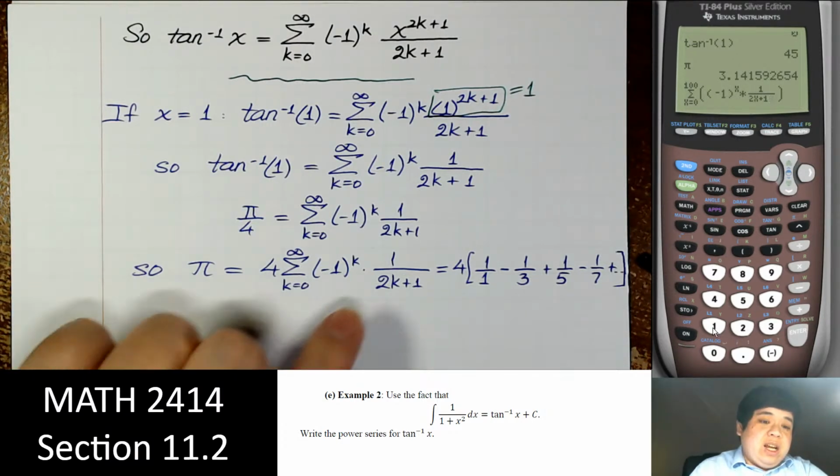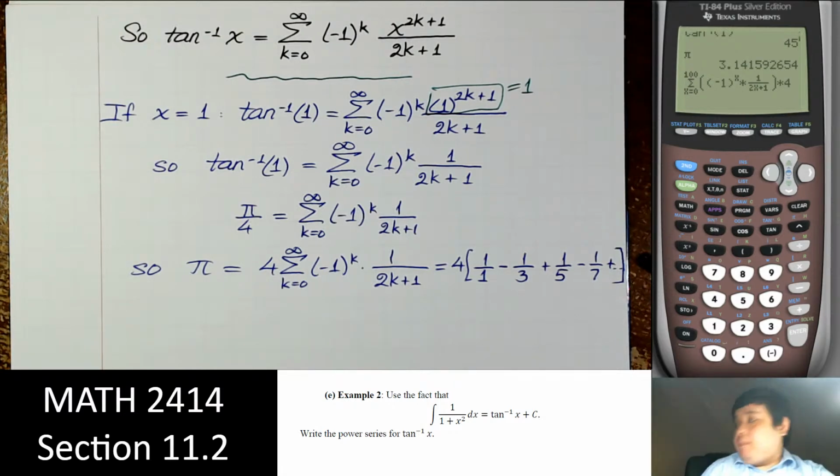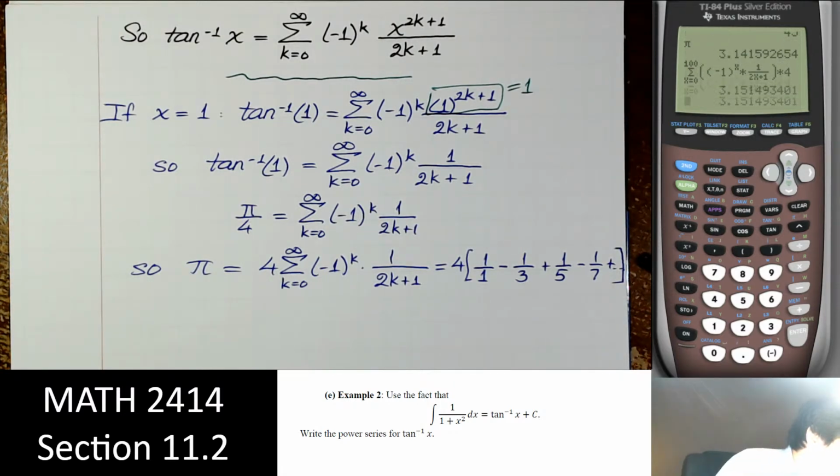Let's say we add 100 terms of this, and at the end we multiply by 4. What do we get? Well, as you see, we get a number that is close to pi.